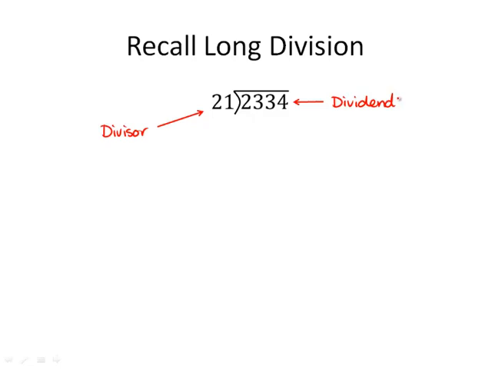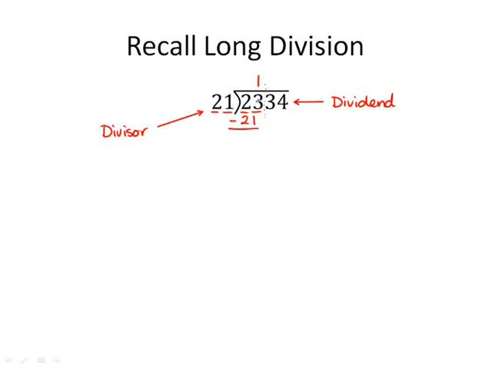So let's just recall the long division algorithm. We're going to look at fitting 21 into 23. We're only looking up to here right now, and we're going to put our answer above the 23. So 21 fits into 23 once, and then we can multiply to check how far off we were.